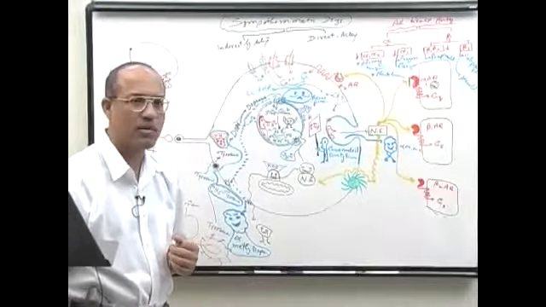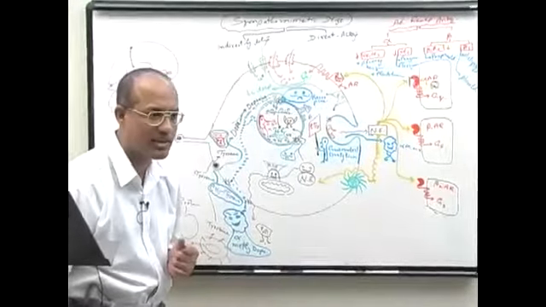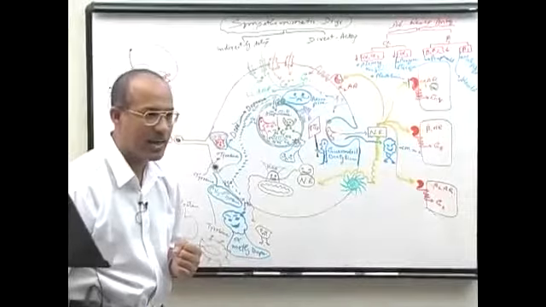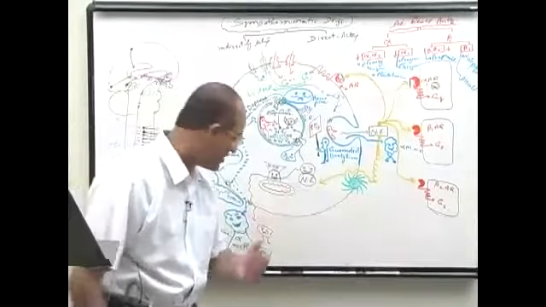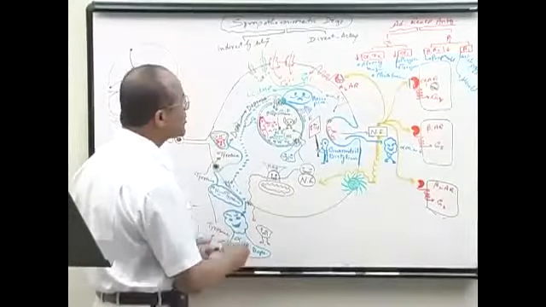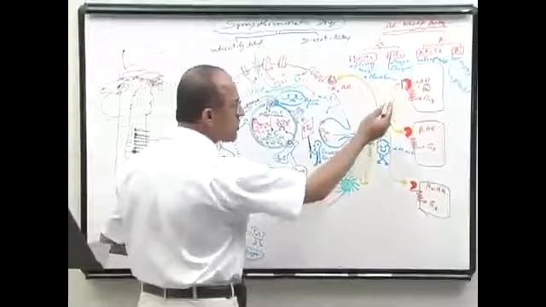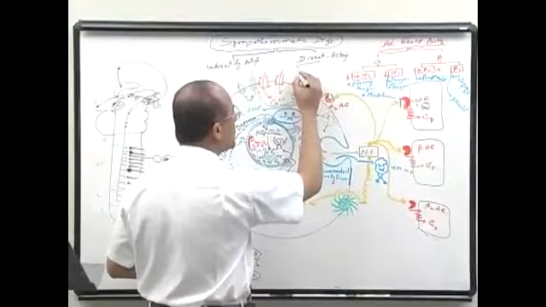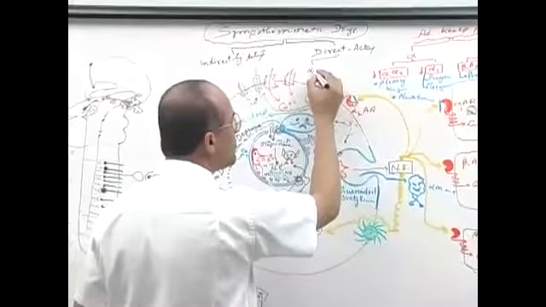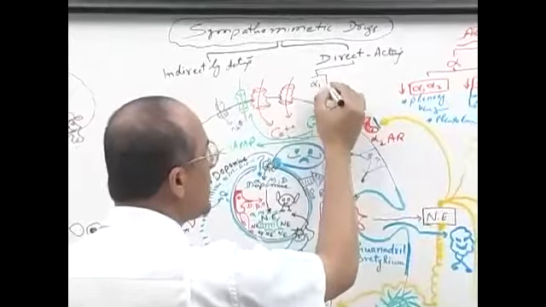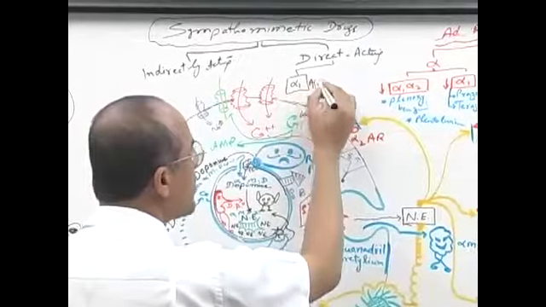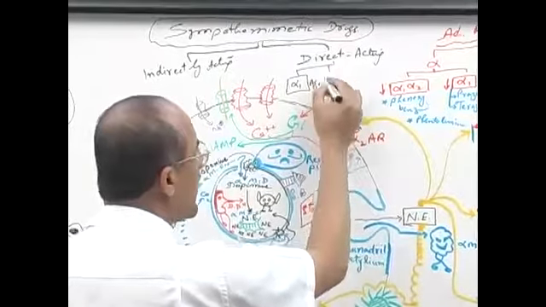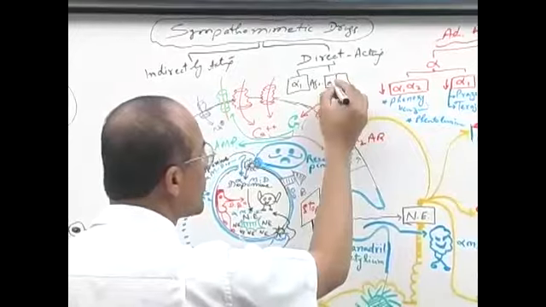Do you want to learn about directly acting drugs first or indirectly acting? Direct action first. That is easy, right? Directly acting drugs are those which stimulate the receptors directly. For example, there is an alpha 1 agonist, or there are alpha 1 and alpha 2 agonists.